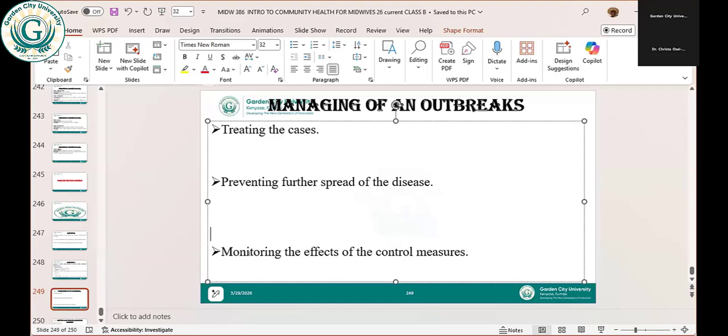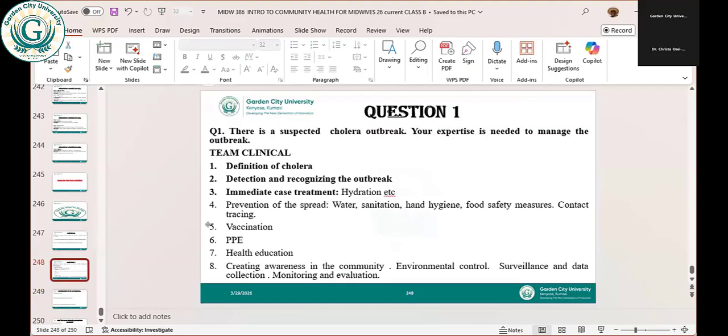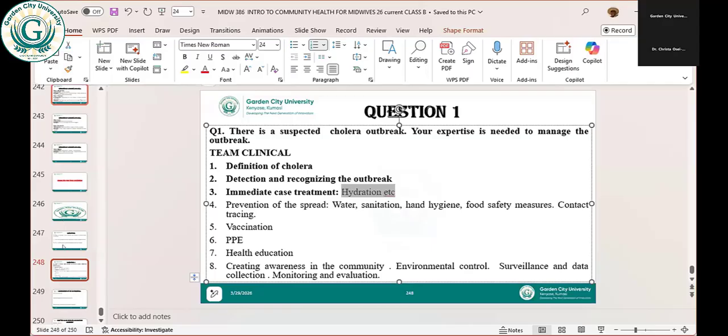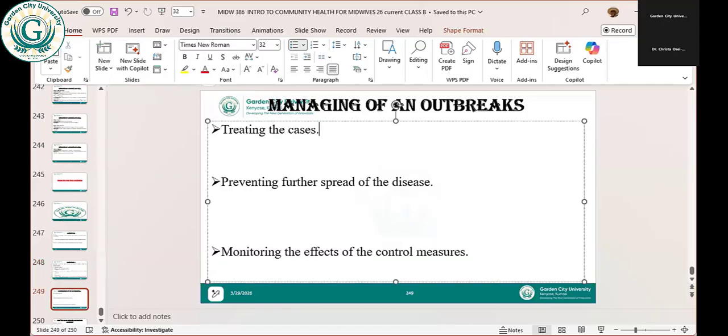So when I look at what you did, when you say immediate case treatment, what do you mean by immediate case treatment? At least I will give it to you, the treatment was there. At least you want to treat, so the treatment was there.